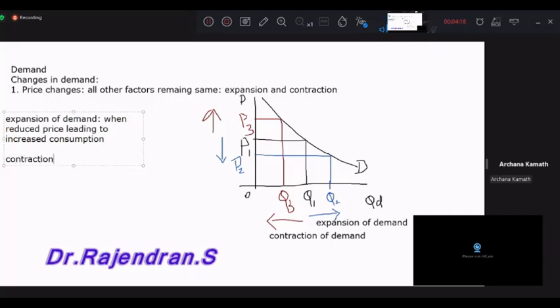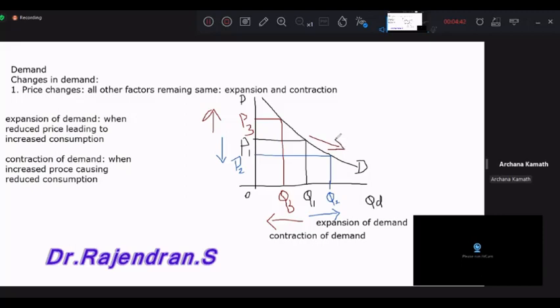Contraction of demand takes place when increased price causes reduced consumption. So expansion and contraction is very particular in that it takes place on the same demand curve. Okay, the consumer is moving from a higher point to a lower point.